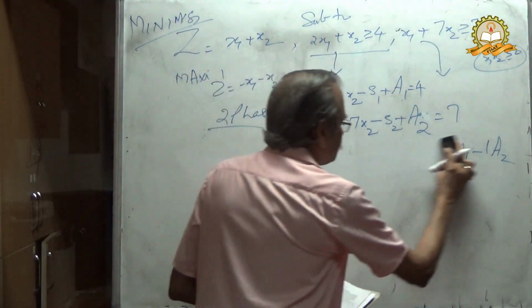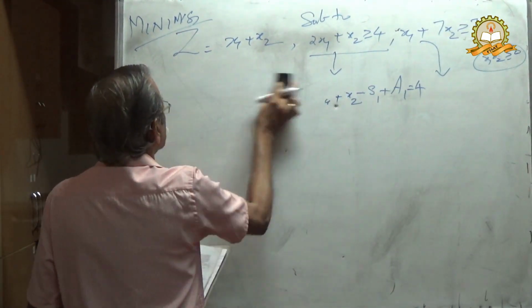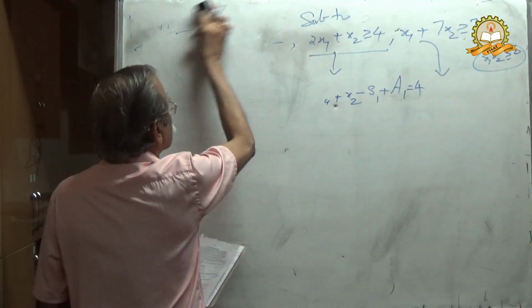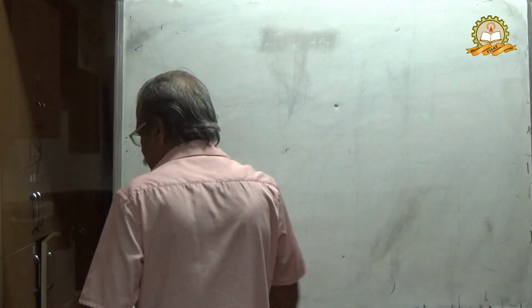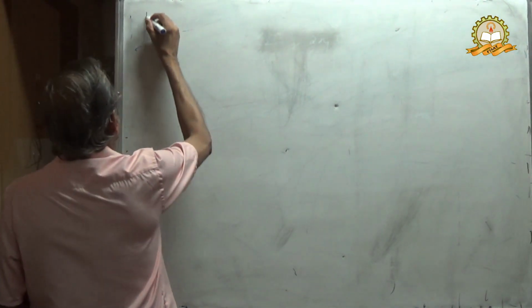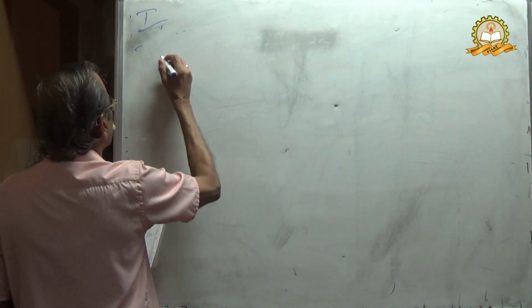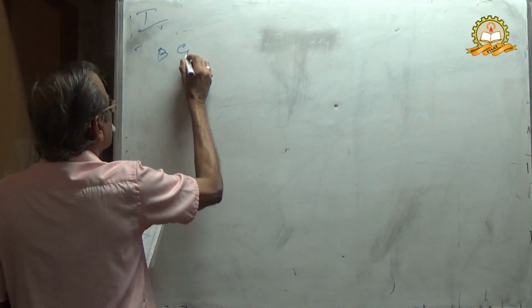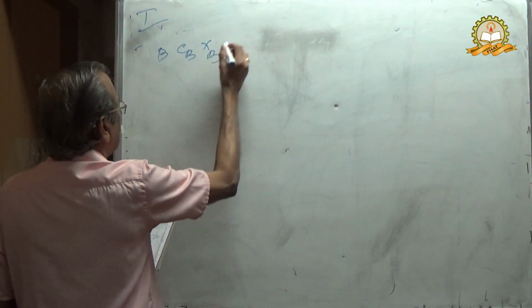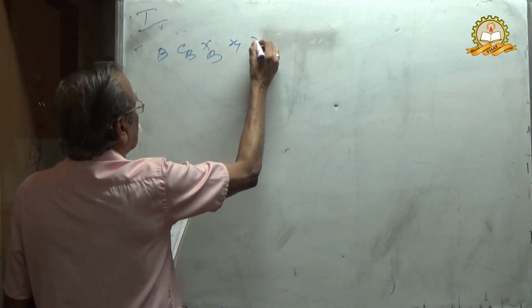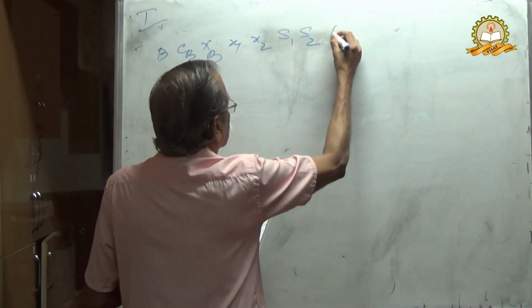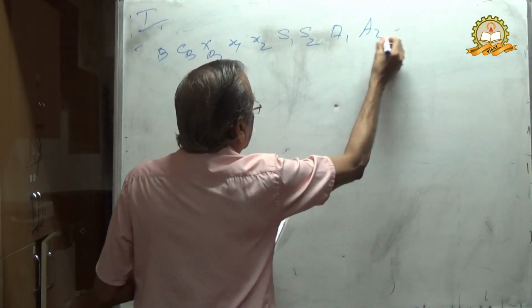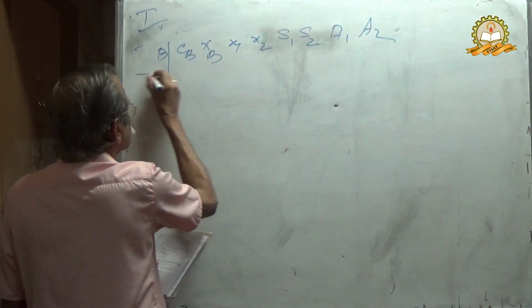Therefore, the first simplex table will be: B, CB, XB, X1, X2, S1, S2, A1, A2.